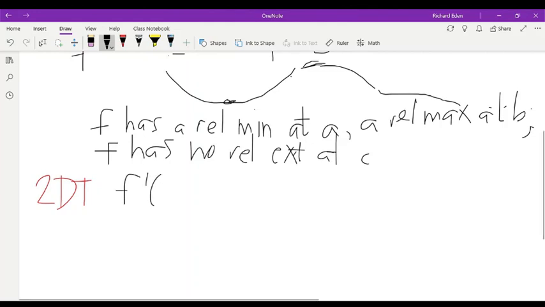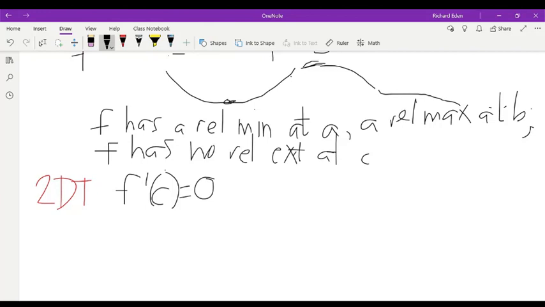Suppose f prime of c is equal to 0. Meaning, if c is a critical number of the second type, you cannot use the second derivative test. You would have to go use the first derivative test to figure out what is happening at the critical number c.